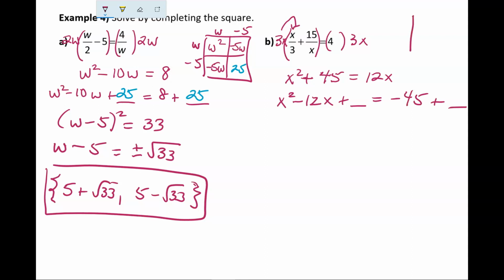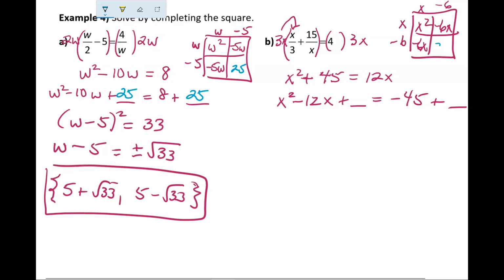And I will put a plus blank on both sides, dividing the middle term into pieces, minus 6x and minus 6x. Let's construct the factors. They're x minus 6 and x minus 6. Completing the square, that gives us a positive 36.